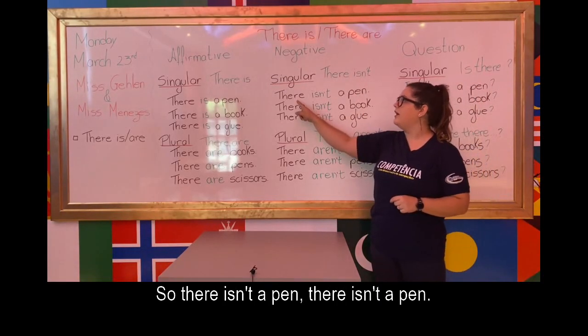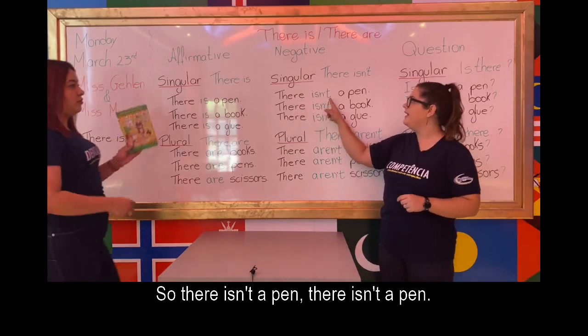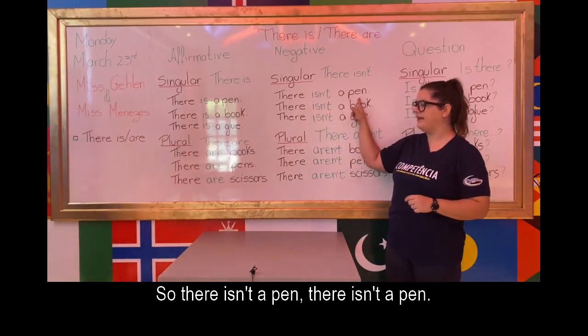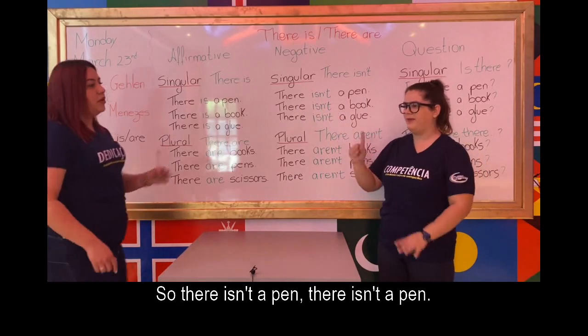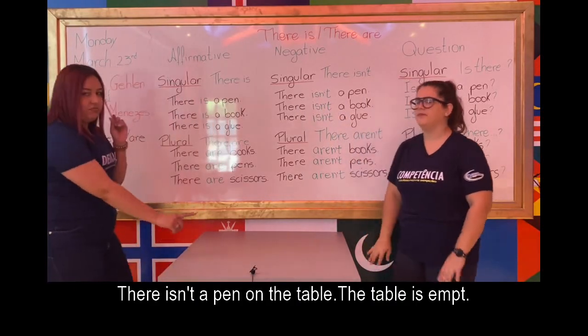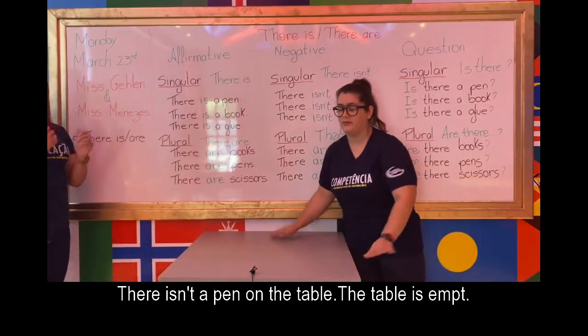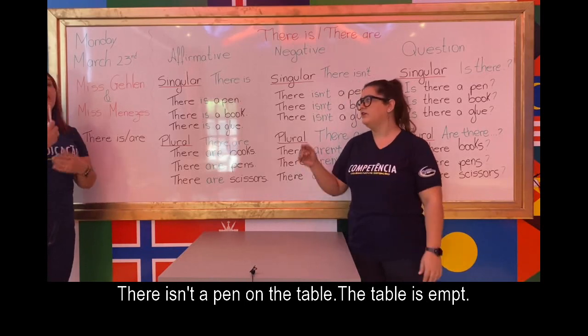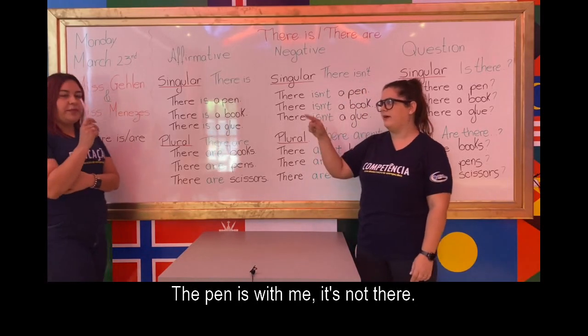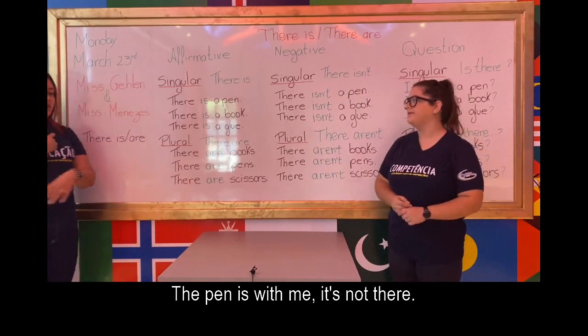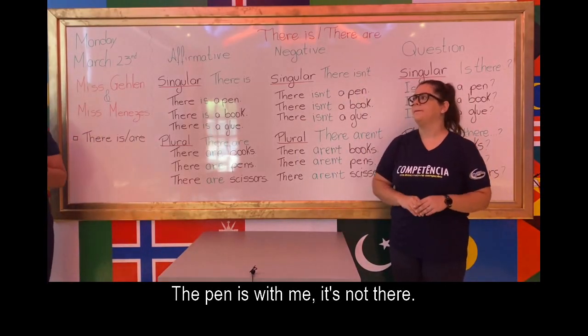Okay? So there isn't a pen on the table. The table is empty, so there isn't. A pen is with me. It's not there. Okay?